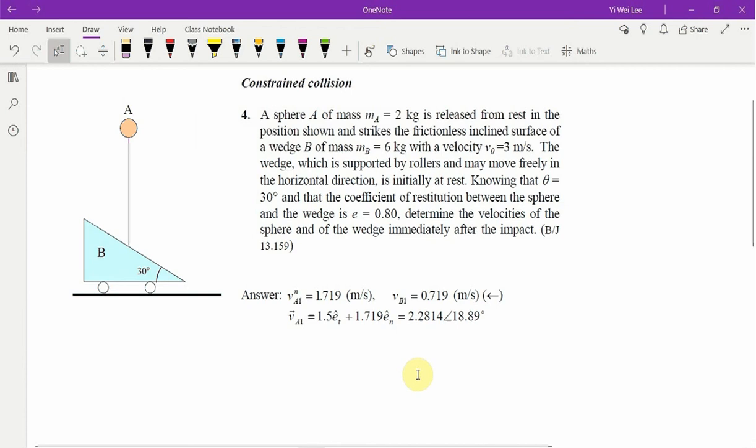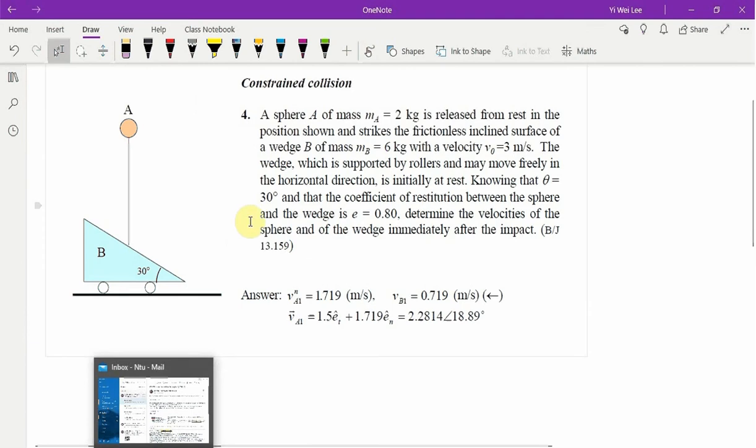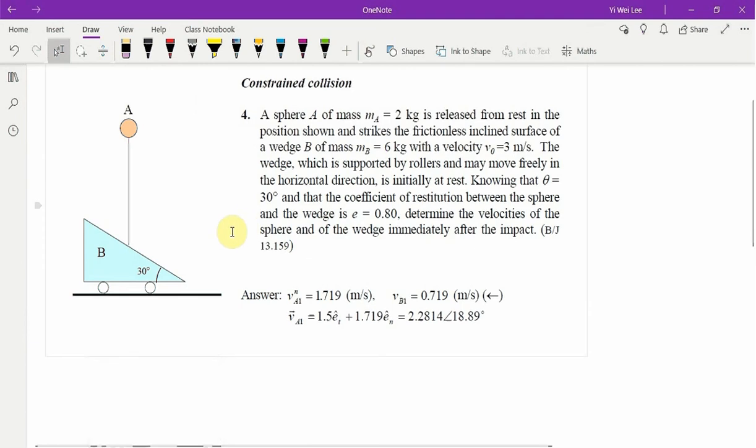When it's a collision question, as a rule, we always want to first of all find the EN and ET direction. After we find the EN and ET direction, we will try to resolve the initial velocity and the final velocity in the EN and ET direction. So in this case, I will denote this direction, I don't want red, what I want is actually black.